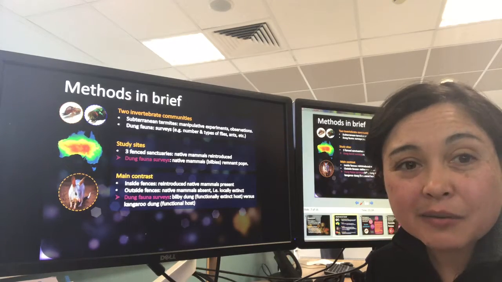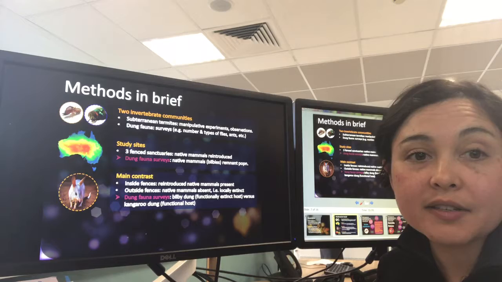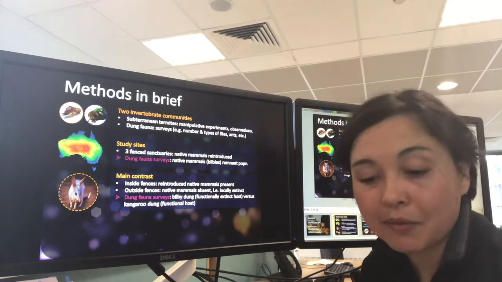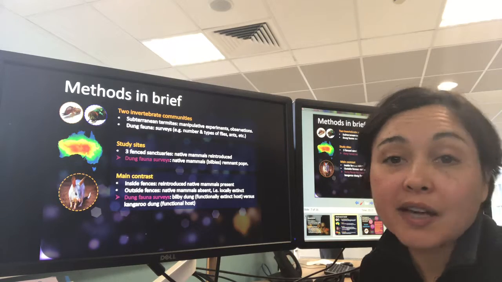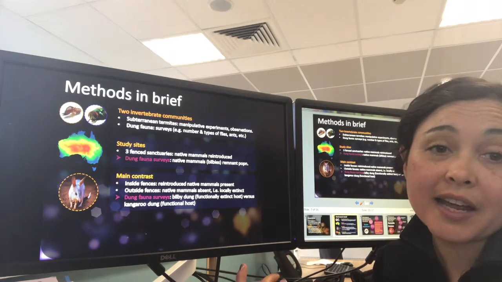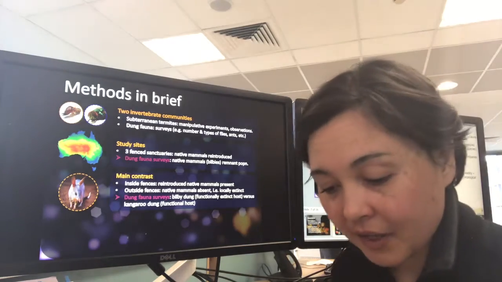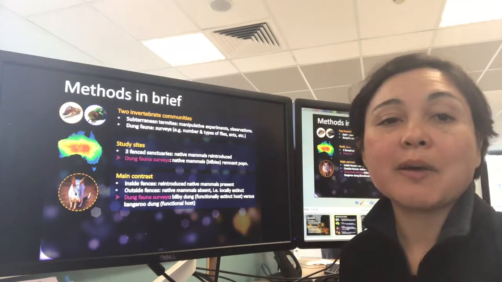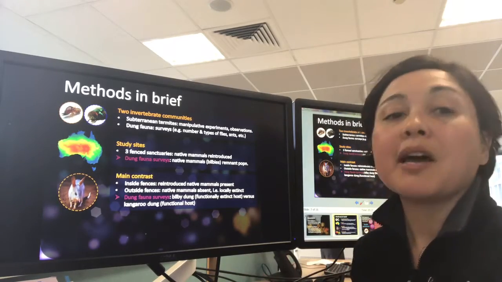The main contrast that I was using was inside versus outside fences, so essentially the presence versus absence of those reintroduced mammals. And for the dung fauna surveys, I used kangaroo dung as a baseline for a species that has never been considered threatened. So that would be a good comparison of intact versus impacted community.